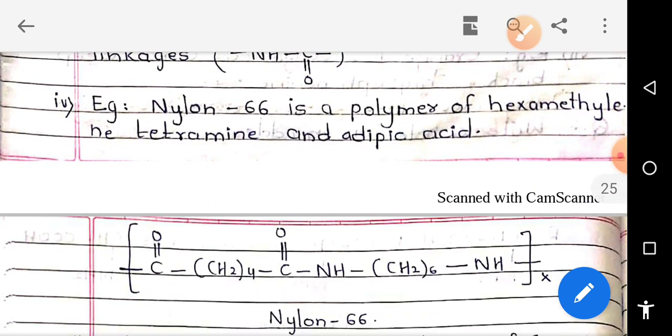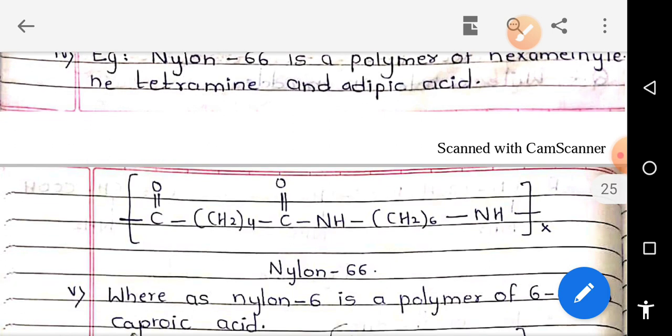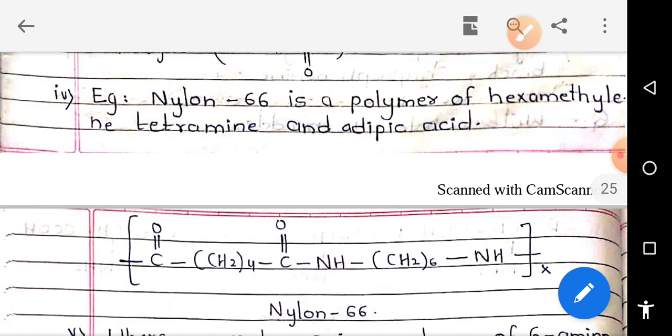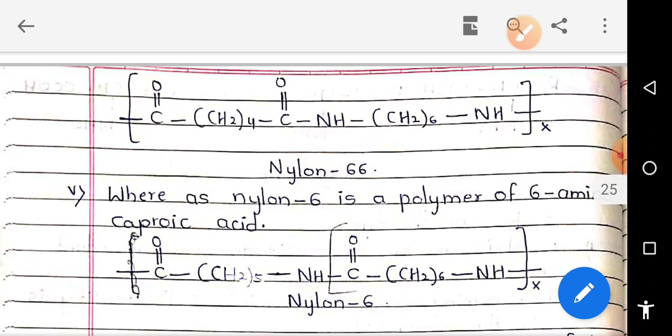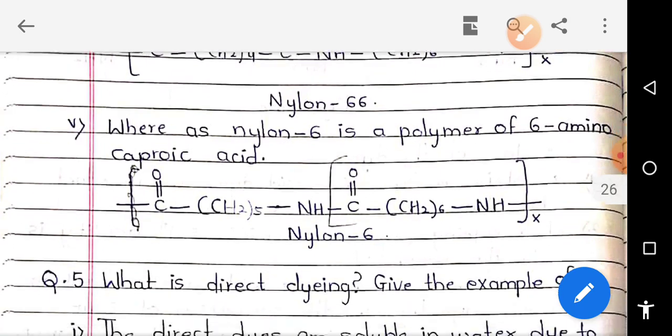Example: nylon 6,6 is a polymer of hexamethylene tetraamine and the adipic acid. This is the structure of nylon 6,6: C double bond O, CH2 to the 4, C double bond O, NH, CH2 to the 6, NH. This is nylon 6,6.